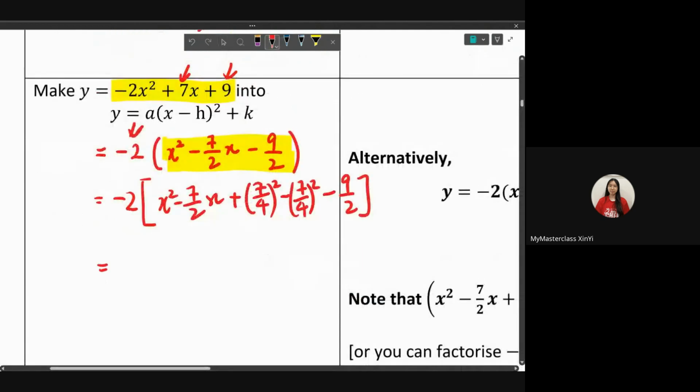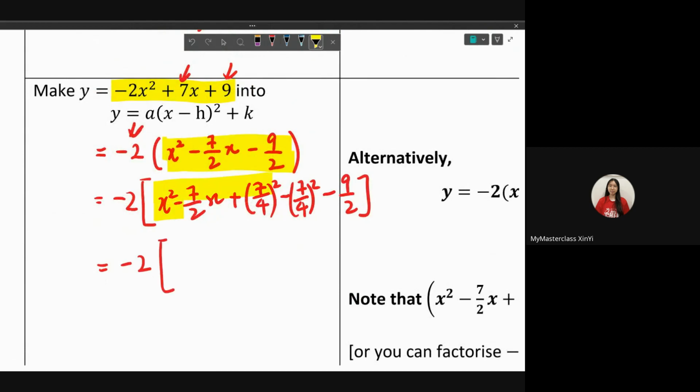Then this is negative 2. The first three terms over here will give you your perfect square. Now the coefficient of your x is negative, so this becomes x minus 7 over 4 squared. Then this part over here gives you your constant part, so just key into your calculator: minus 7 over 4 squared minus 9 over 2.